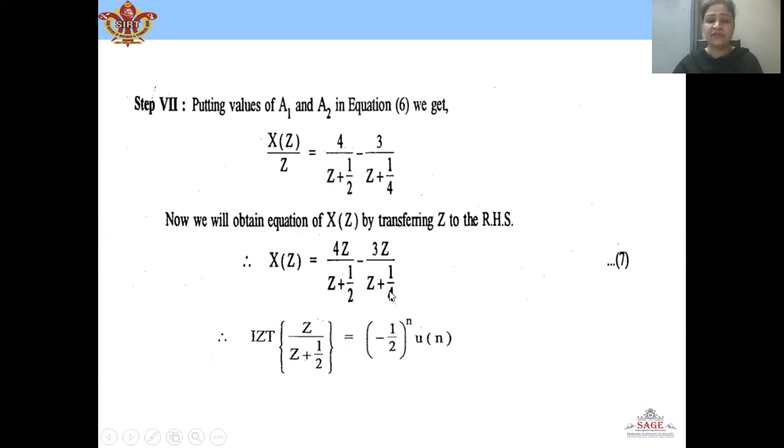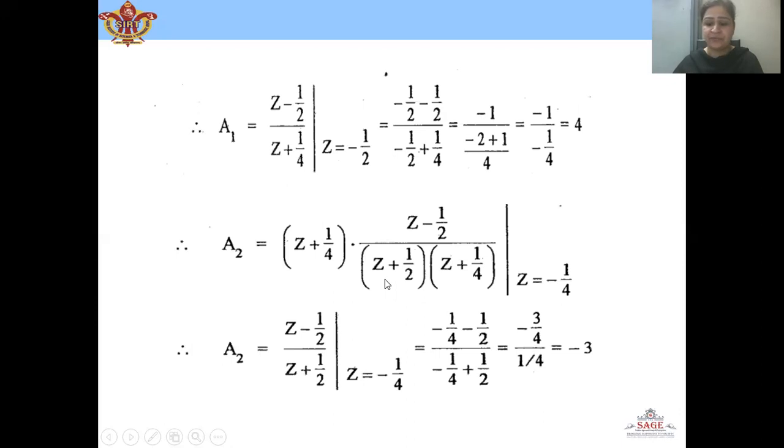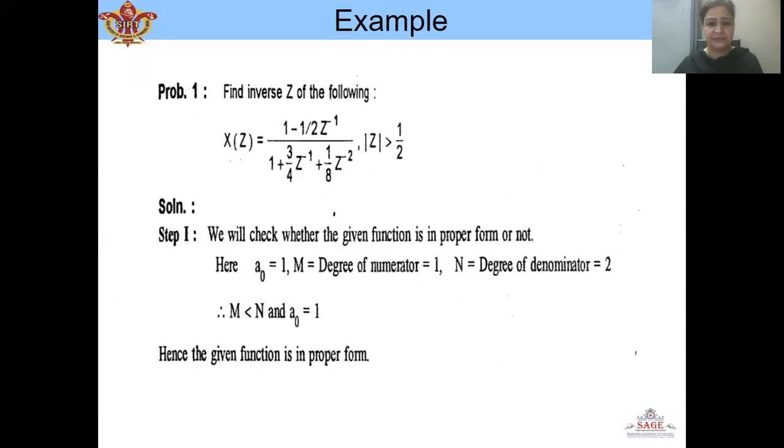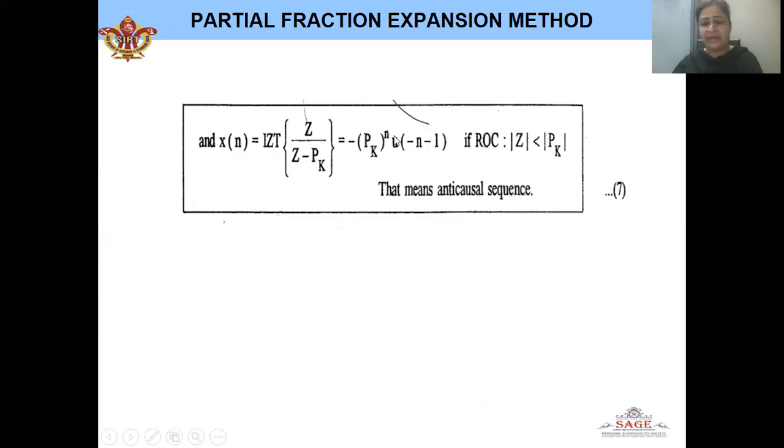Now suppose I take the ROC as |z| less than 1 by 4, that means both the sequences will be anti-causal. Now in that case, the inverse z transform will be written according to the formula which I have already discussed, which is given as minus p_k raised to power n u[minus n minus 1].